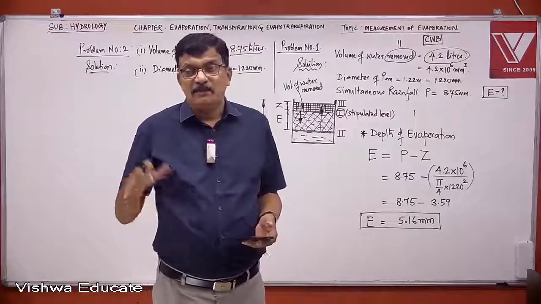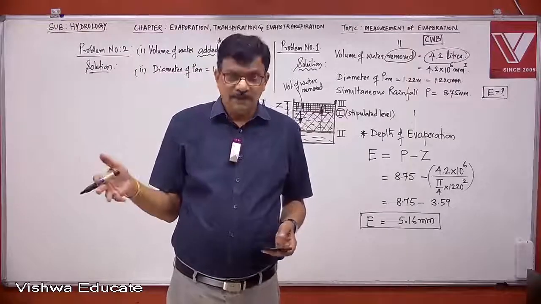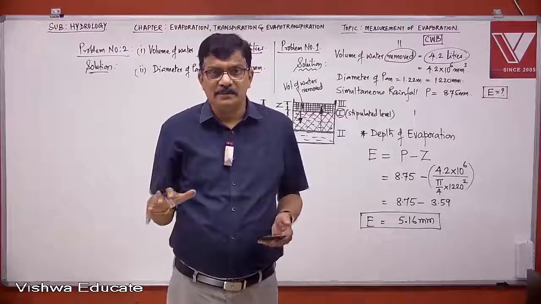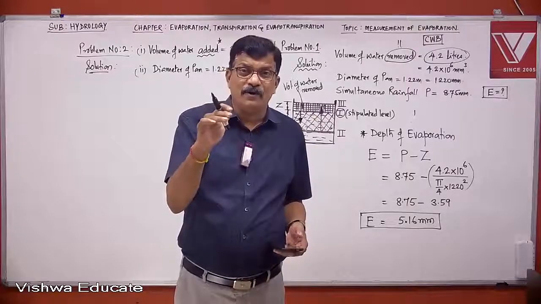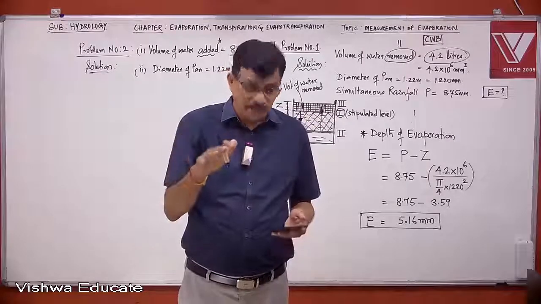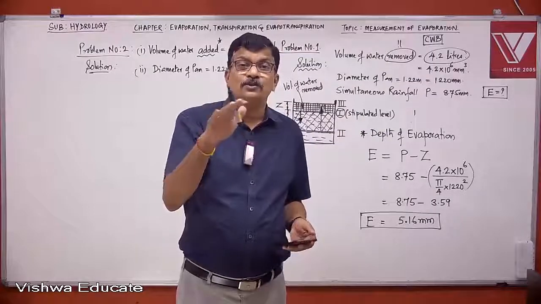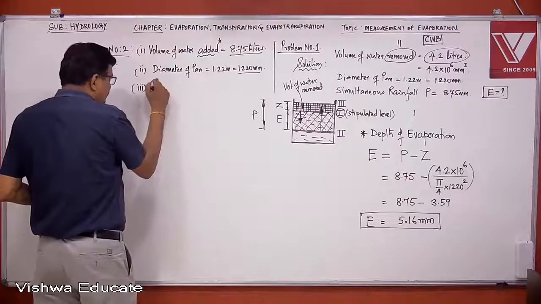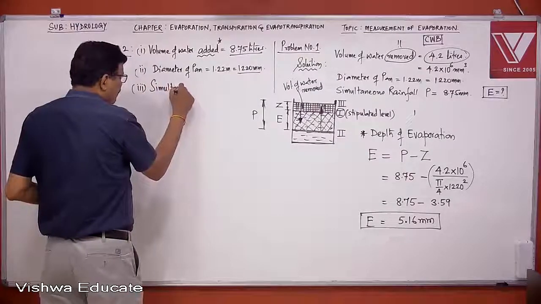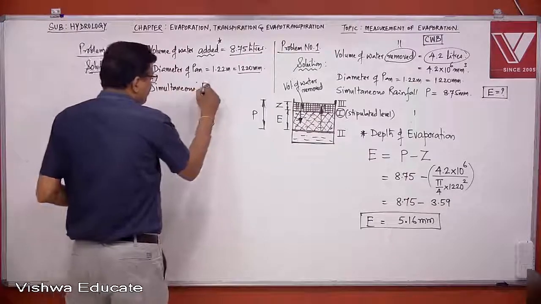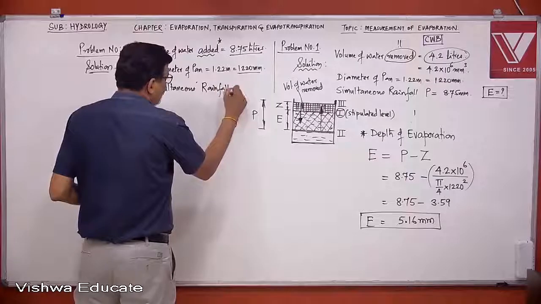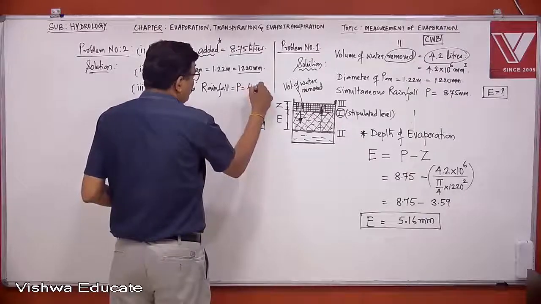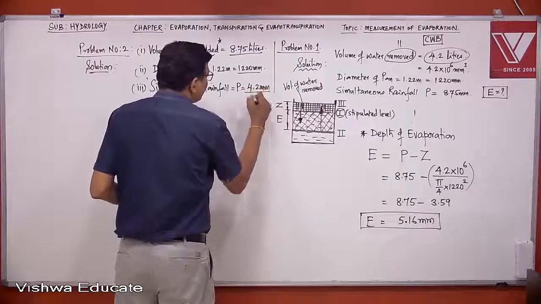That means in the neighborhood, rainfall has uniformly occurred, and the depth of the rainfall that has occurred in the neighborhood is about 4.2 millimeters. So we shall also mention here the simultaneous rainfall. It is not good grammar to write simultaneous rainfall, but I am just writing it literally. Simultaneous rainfall, P, is 4.2 millimeters. That is what is given.